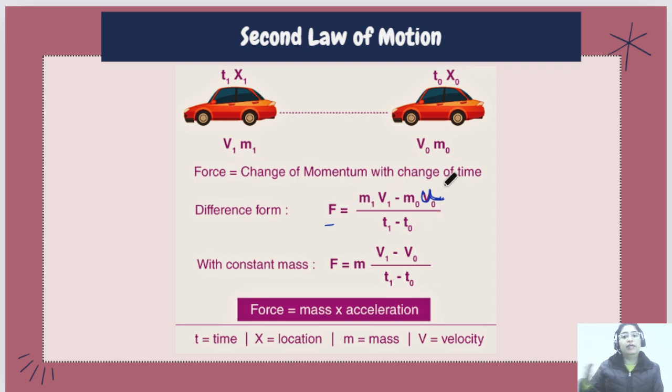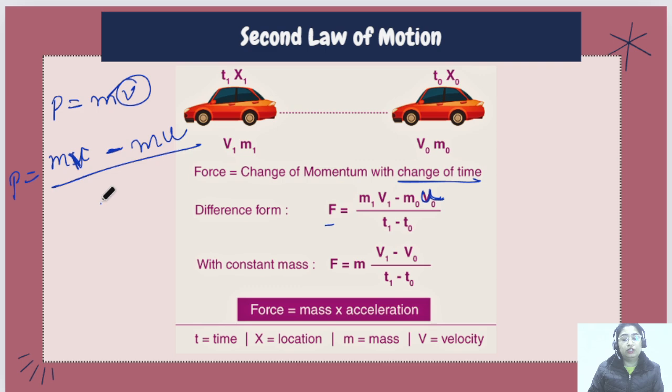So final minus initial, because that's the change of momentum. Momentum is p equals mv. Now the velocity is changing, so there is one initial velocity and one final velocity. So the change is mv minus mu. And this is the change of momentum with time, so there will be time also, t1 minus t0.